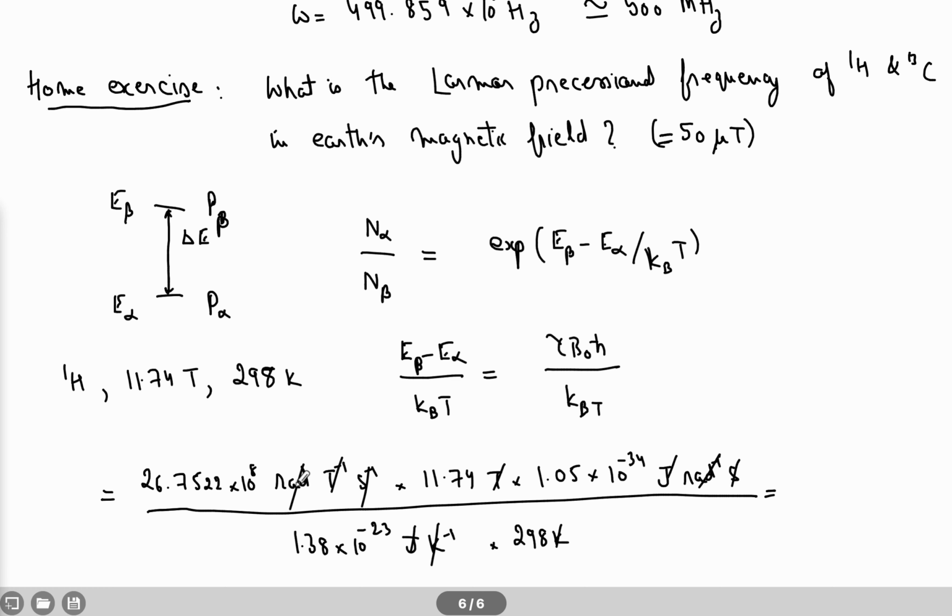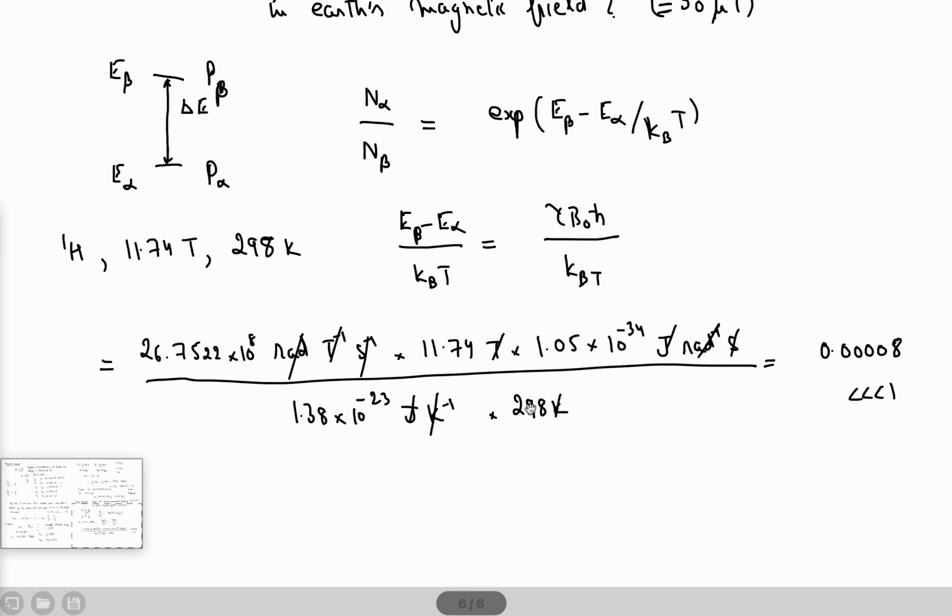Now this whole thing comes out to be 0.00008. Okay, so the idea is that this number is very small as compared to the number 1. Why do I say that? Because we are going to calculate the exponential of this number, right? Okay, so let's calculate.